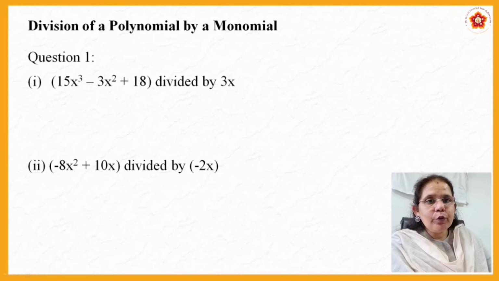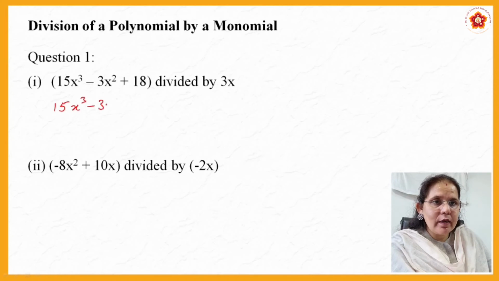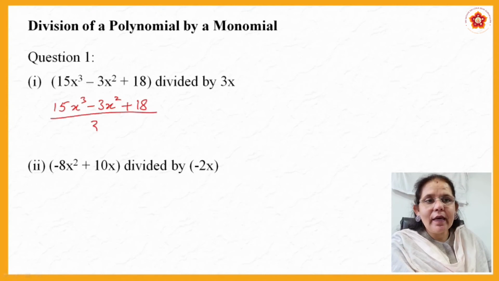This is the question that you need to do. 15x cube minus 3x square plus 18 divided by 3x. Separate them.